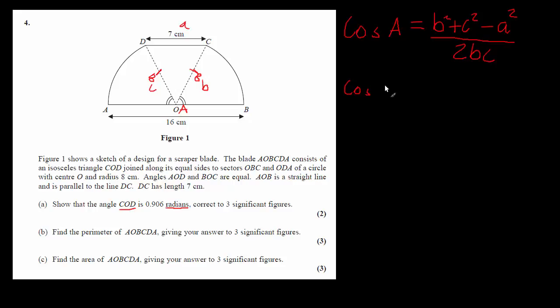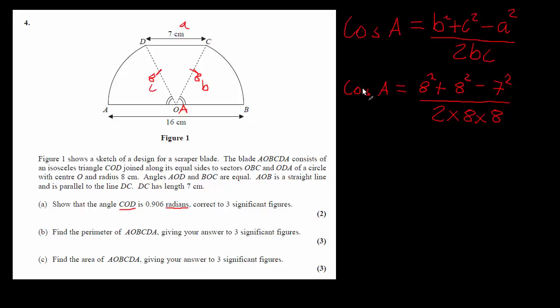So cos of A is equal to B is 8, so it's 8 squared plus 8 squared minus 7 squared for A all over 2 times 8 times 8, because B is 8 and C is 8.